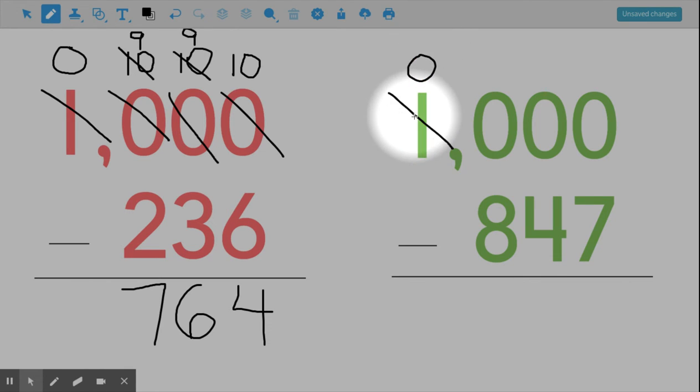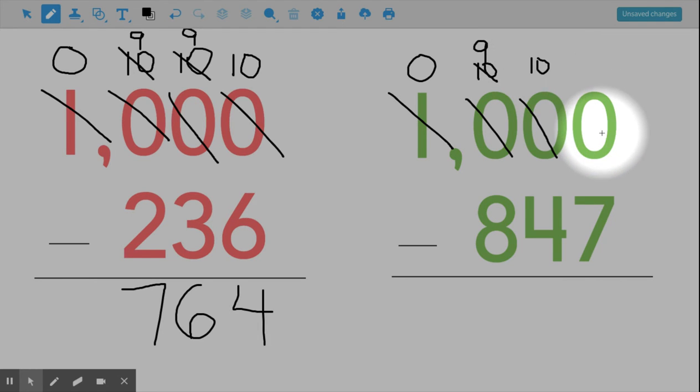I'm taking 1 away, making that a 0, giving that to the next door neighbor so that this next door neighbor can borrow from him, making it a 9 and making this a 10. And finally, my ones column can borrow from the tens. Okay, making that a 9 and making this a 10.